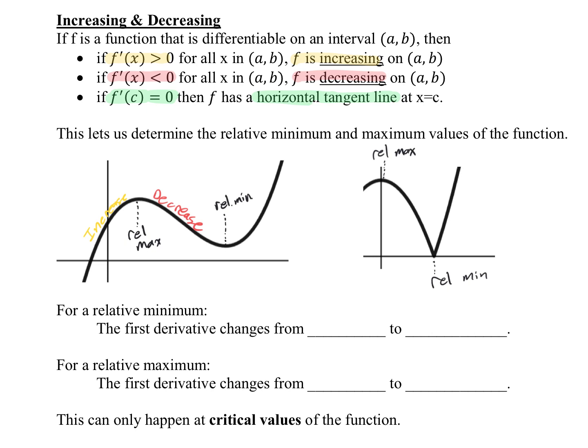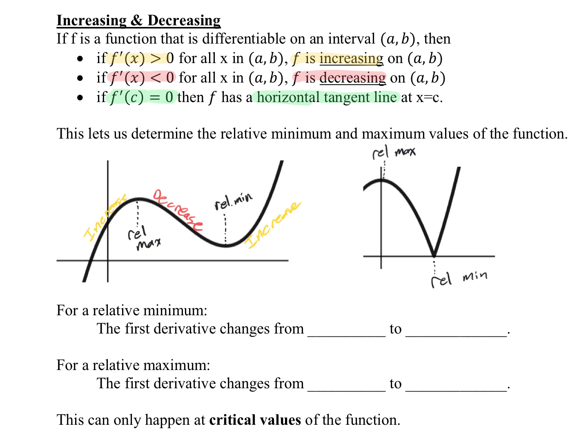When you examine what happened around a minimum, the function was decreasing up until you hit the minimum, and then afterwards the function was increasing, and that has to happen anytime we have a minimum. So if you decrease followed by an increase, that means you had a relative minimum at the point that you were looking at.